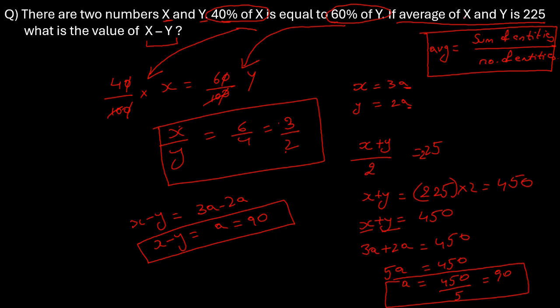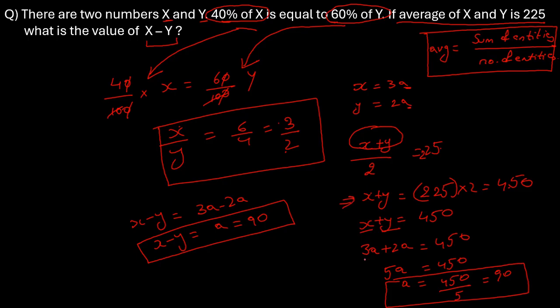Here we have two entities x and y. So the average of x and y is the sum x plus y, and the number of entities, we have two entities, upon 2 is 225. So we'll get x plus y as 450. As we have already obtained the values of x and y, we'll substitute those values in this equation.